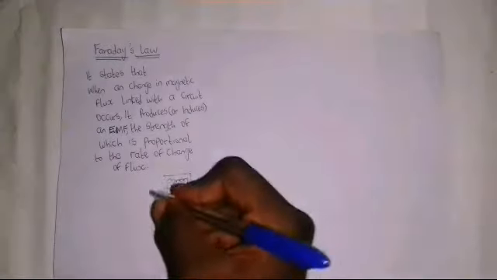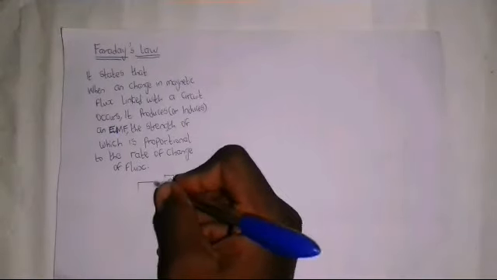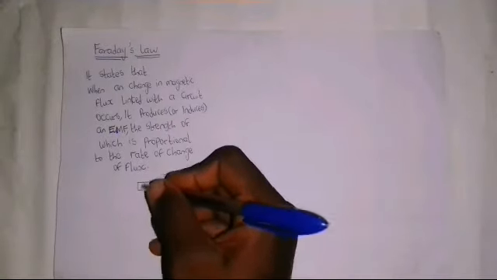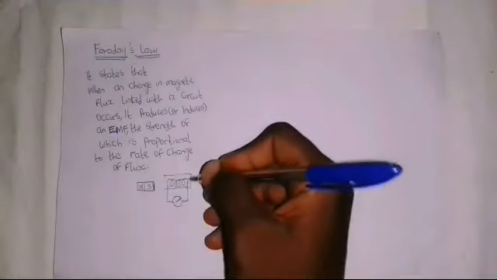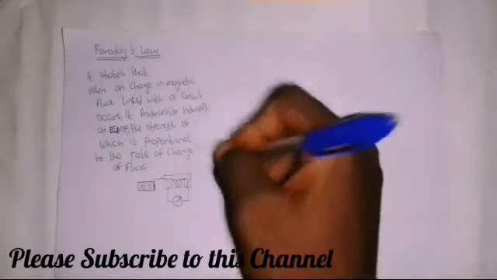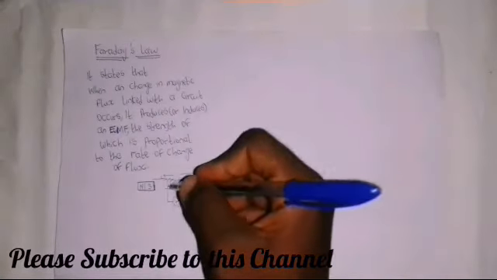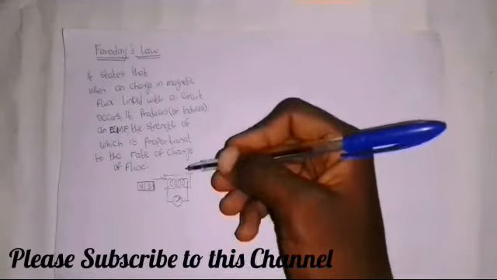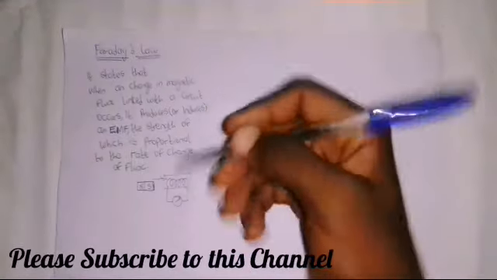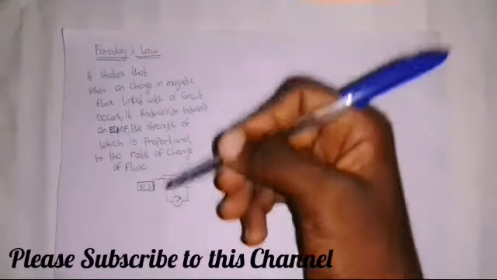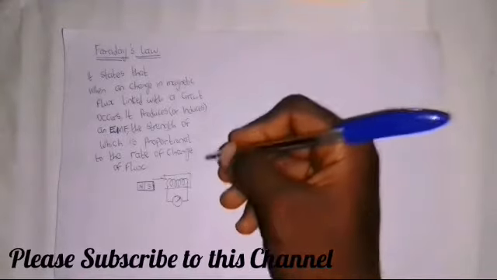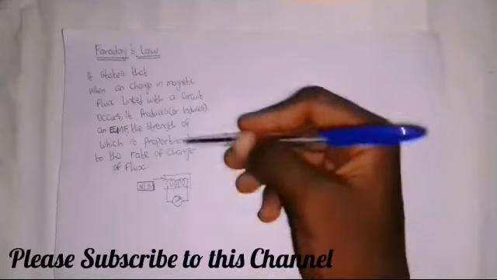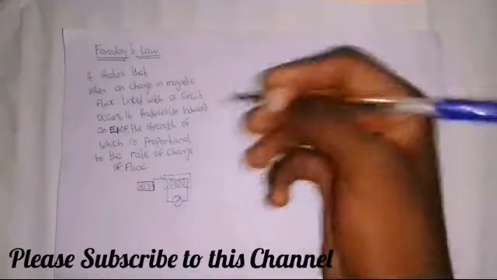And so when the magnet comes closer to the solenoid, not in direct contact, it induces a current, an EMF, and the strength of that EMF is proportional to the rate of change of the flux, which means the change occurs with time.